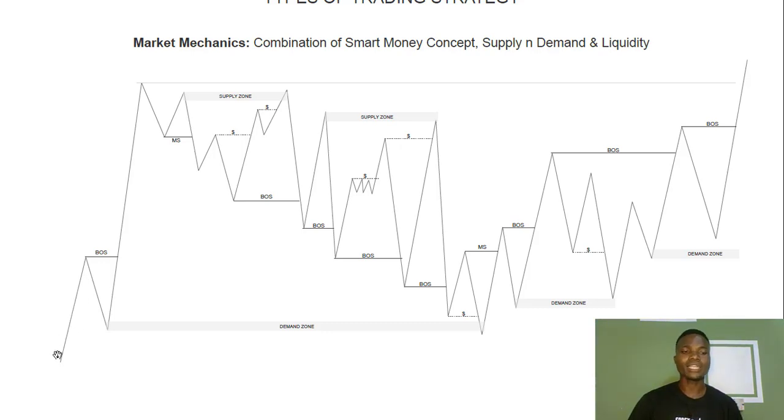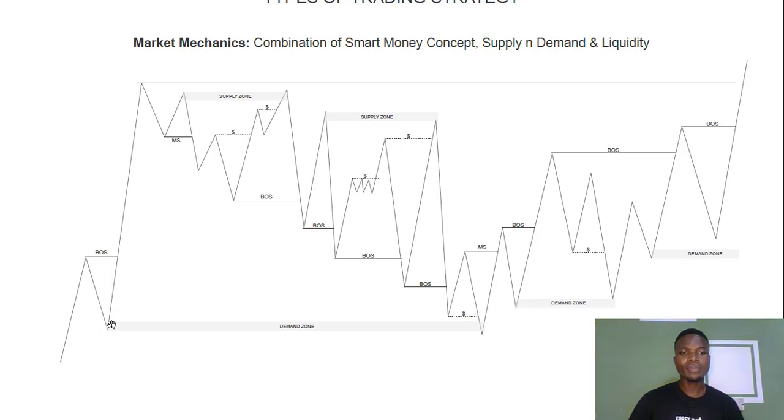So what I mean by that is that we can see that the buyers are in control right there, and at some points they were unable to continue going up. So there is a reversal in the market whereby the sellers quickly take control of the market to reverse the market downward.